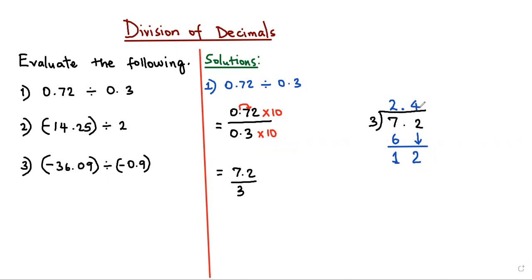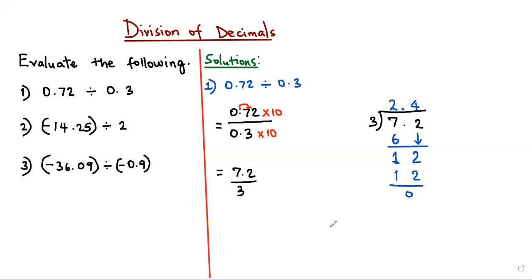Now, get 4 times 3. 4 times 3, what do we get? 12. And now 12 minus 12, we get 0. Okay, so you see that we are getting 2.4.